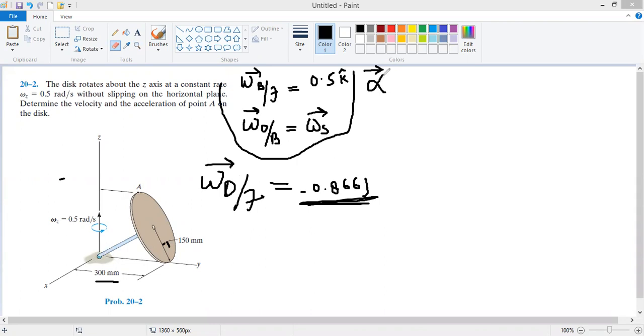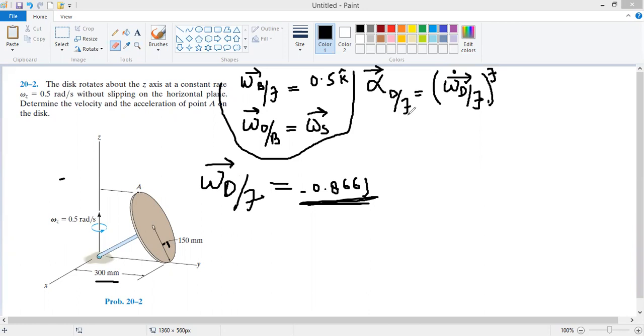So the angular acceleration of the disk with respect to the ground is equal to the derivative of the angular velocity of the disk with respect to the ground, taken with respect to the ground frame of reference. That will give us the angular acceleration of the disk with respect to the ground frame of reference.